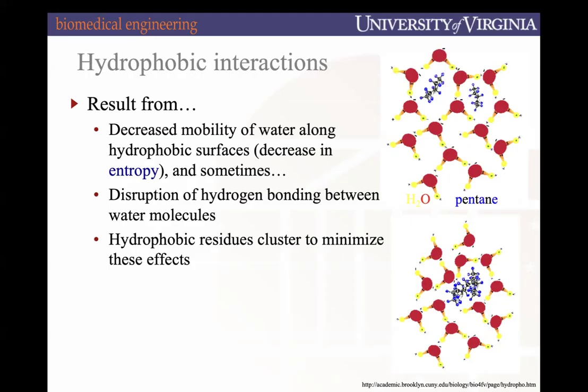It is thermodynamically favorable to increase entropy, increase the disorder and randomness. And so it is energetically favorable to disrupt and break the hydrogen bonds between adjacent water molecules and to then cordon off or cluster together the pentane molecules. Once they're clustered together, that ends up increasing entropy.